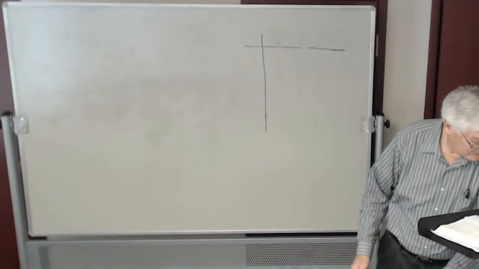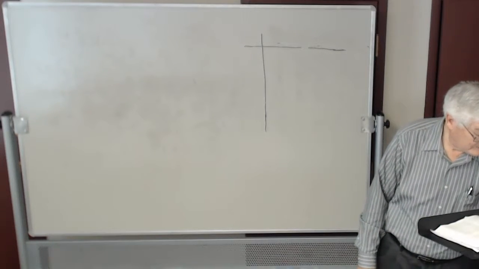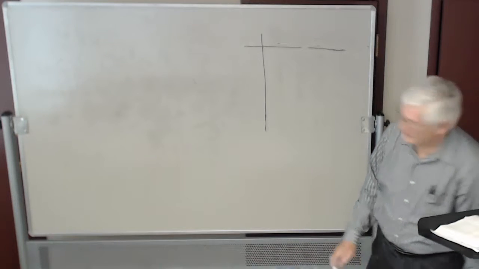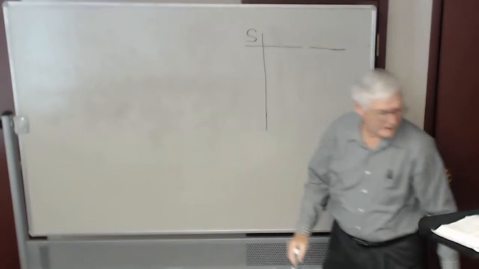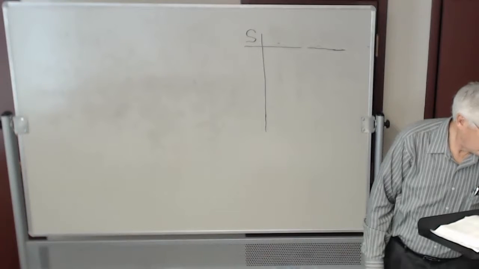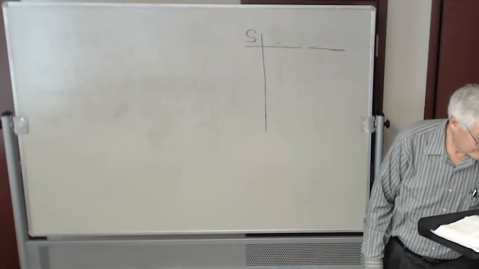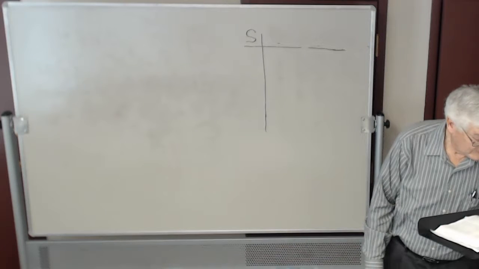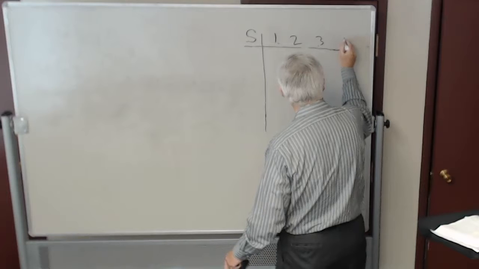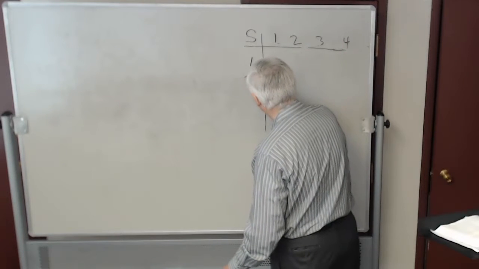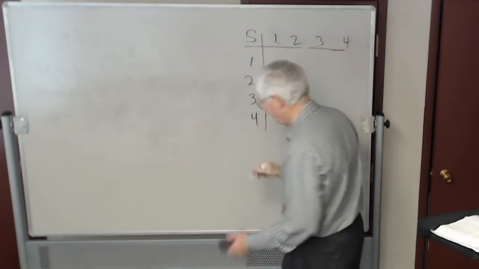And what are we doing for 20 and 21? We've got this operation called S. And then what are the elements of the set? 1, 2, 3, 4.